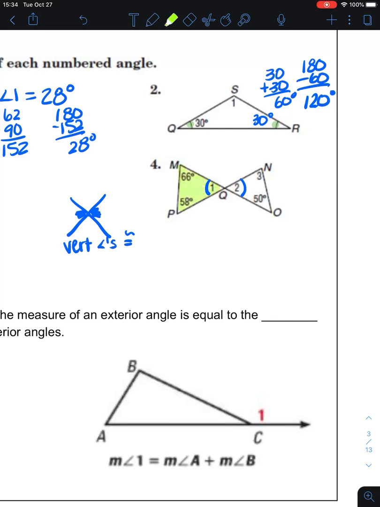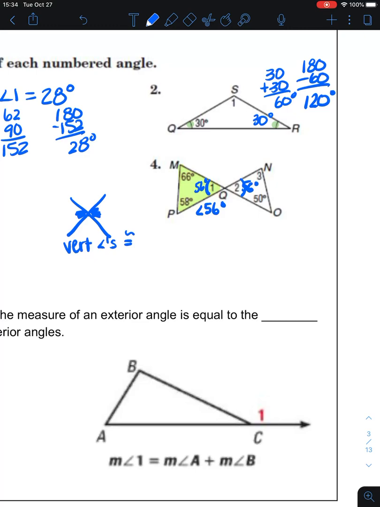So I can use this triangle right here to find out how big angle 1 is. And sometimes you just have to look at the picture and start figuring out which ones you can use. So if I add 66 and 58 and subtract that from 180, then I know that angle 1 is 56 degrees. And I like to go in and mark it on my picture so that I don't have to keep thinking about it.